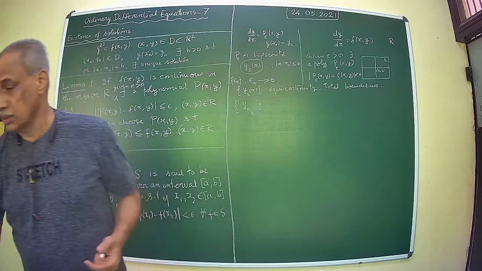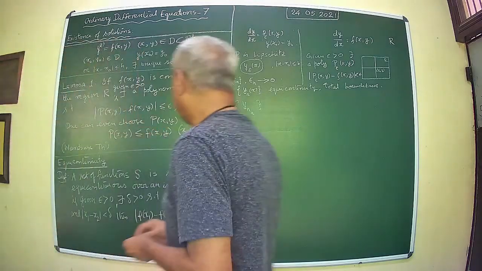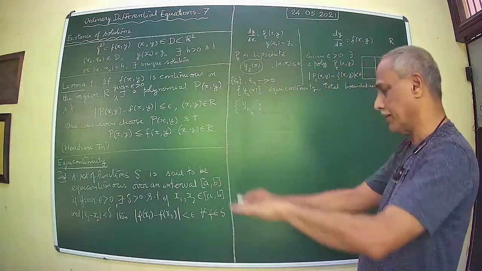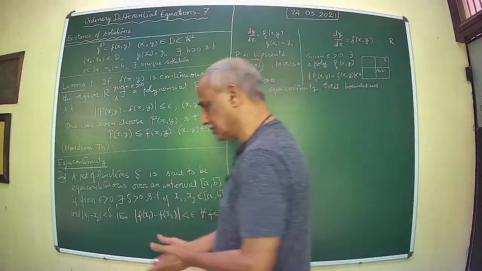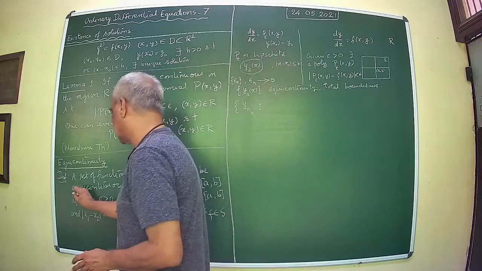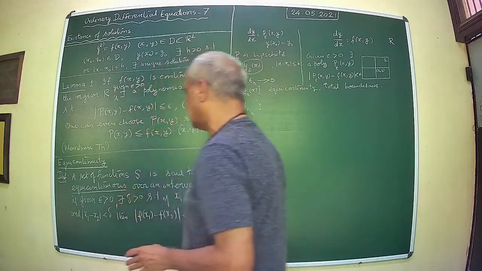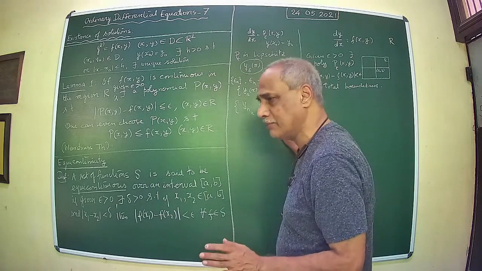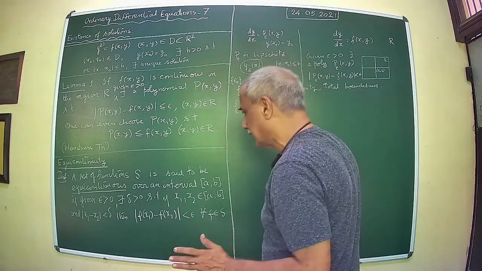Right. So what you have is this. See, you have a collection of functions. Now, the term itself tells that it is continuous, and the continuity is at the same rate for all the functions in this collection.